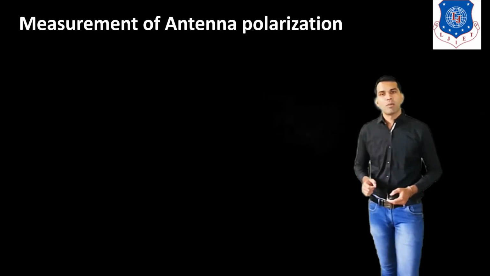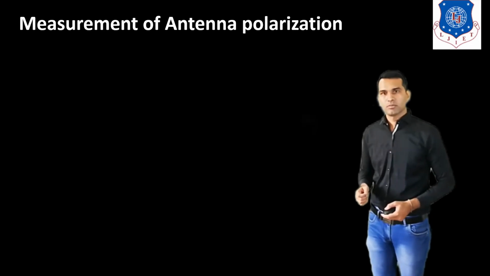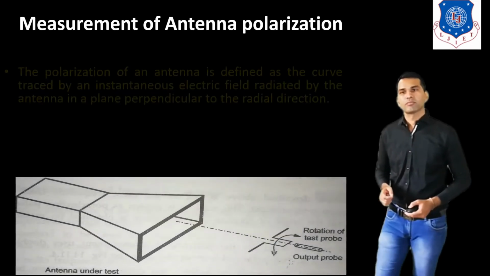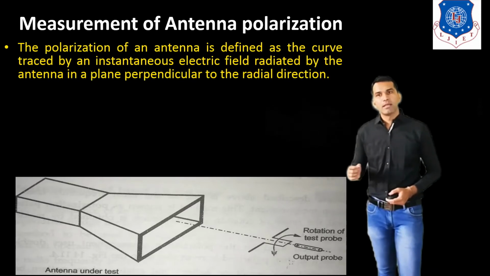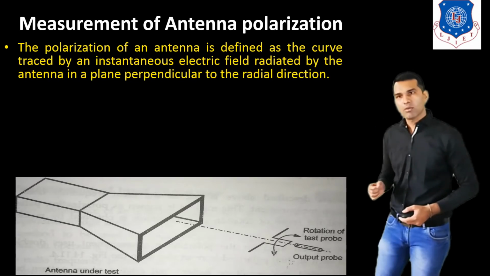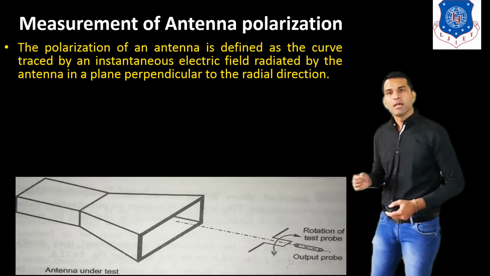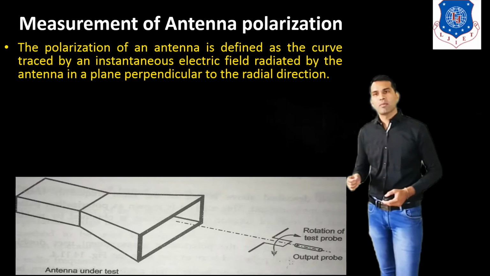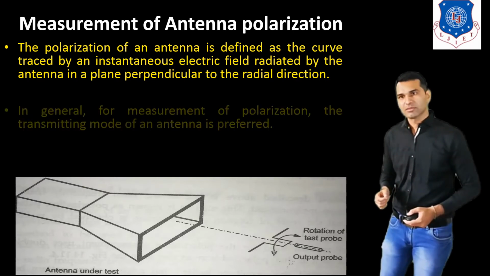Now we discuss the measurement of antenna polarization. The polarization of an antenna is defined as the curve traced by the instantaneous electric field radiated by the antenna in a plane perpendicular to the radial direction.